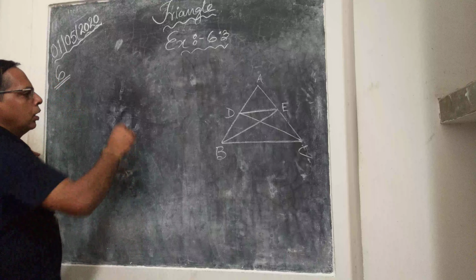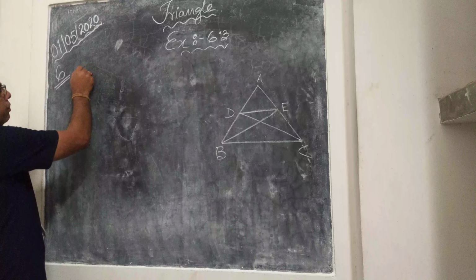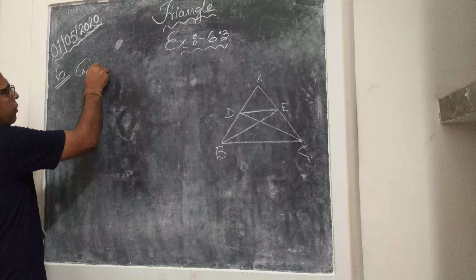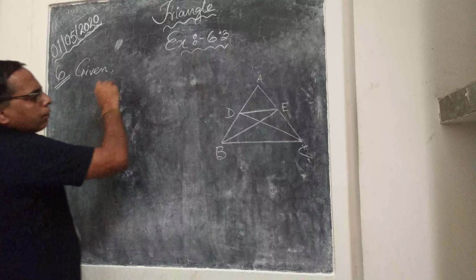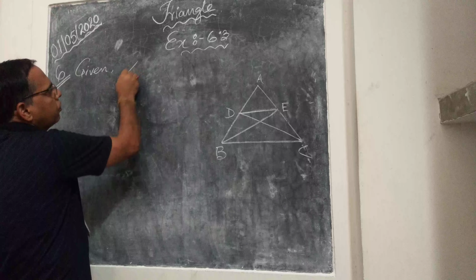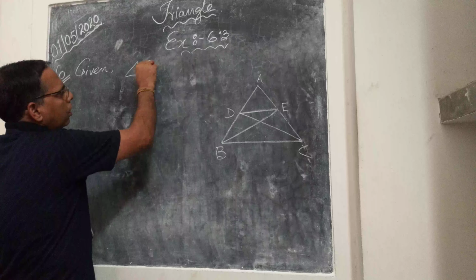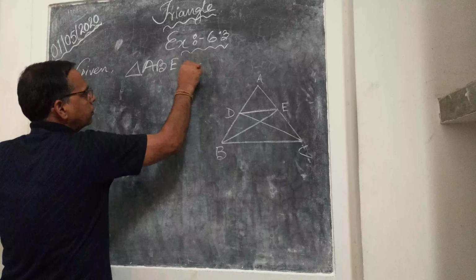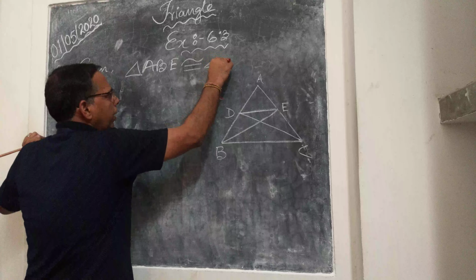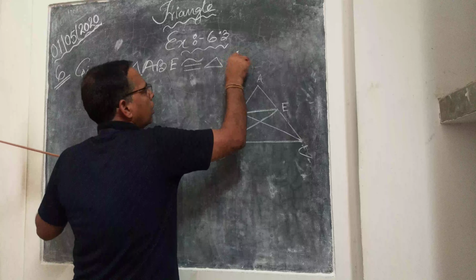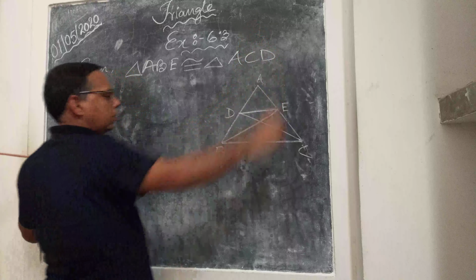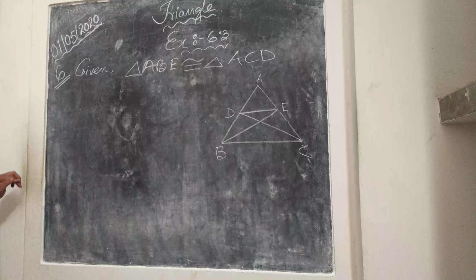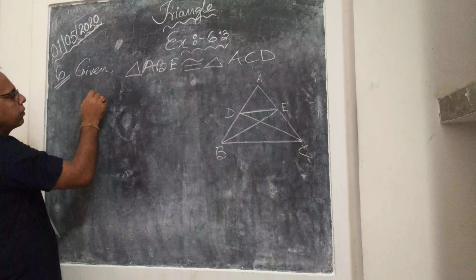First, what is given? Given that triangle ABE is congruent to triangle ACD.